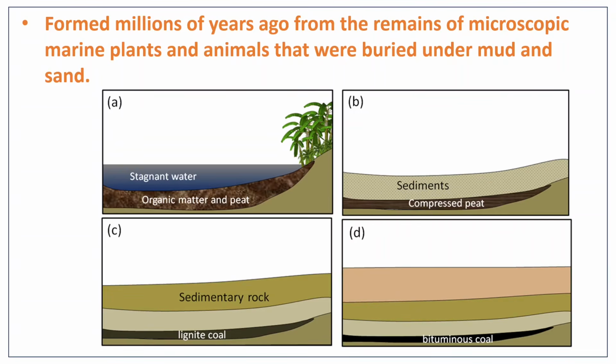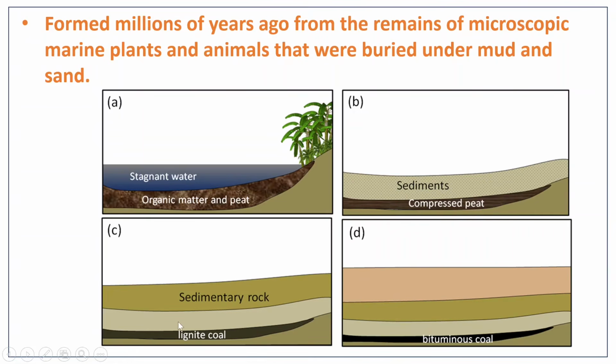What happened? These living things died and were buried under the mud and the sand. Like in this diagram A here, we have underground stagnant water, like in the ocean, and organic matter. With time, with the sediments, more materials coming on top of these become compressed peat.